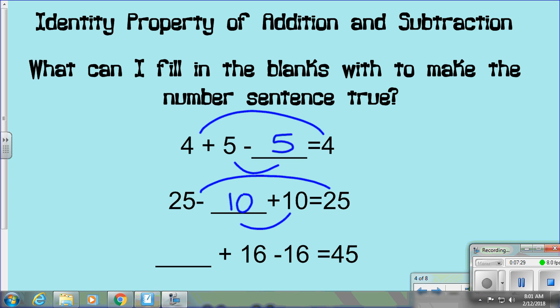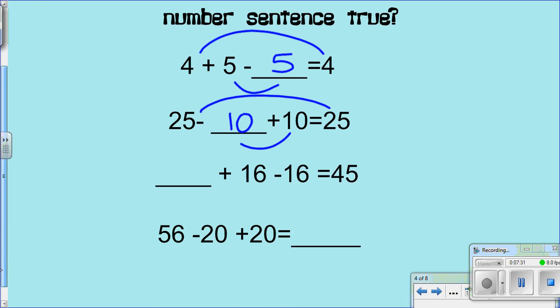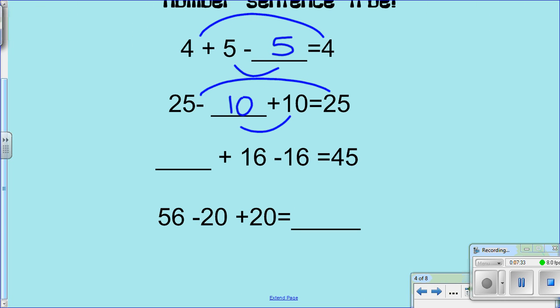Insides, outsides. Next one, what number plus 16 minus 16 gives you 45? 45. Insides, outsides. 56 minus 20 plus 20 gives you 56.